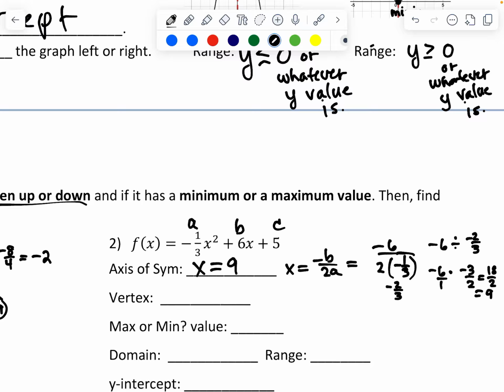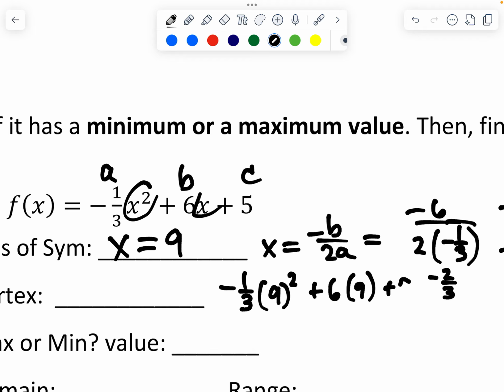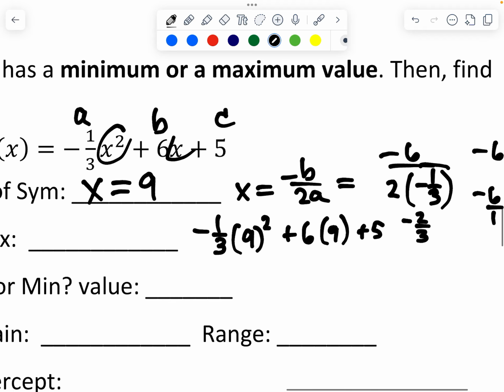Now I need to take that 9 and plug it into all of the x's up here. And when I do that, I'm going to have negative 1/3 times 9 squared plus 6 times 9 plus 5. When you do that, 9 squared is 81.